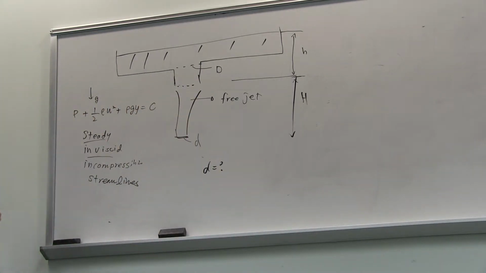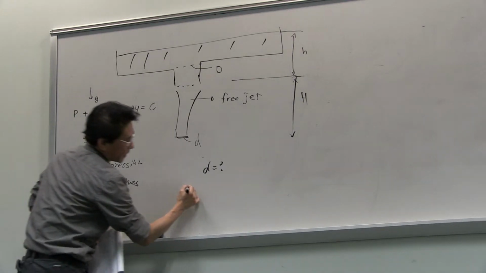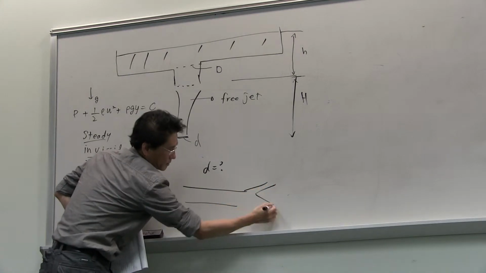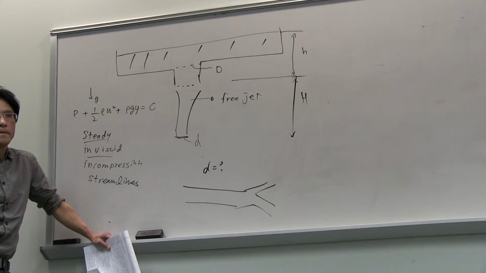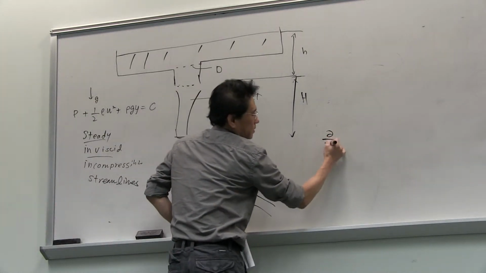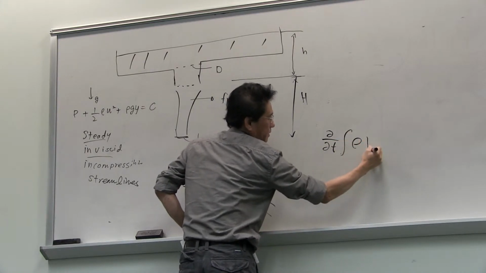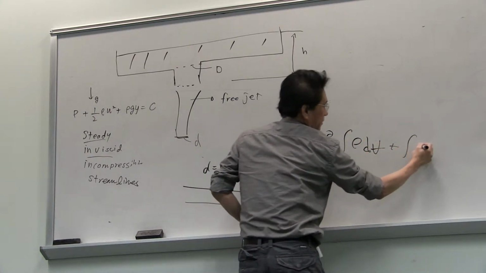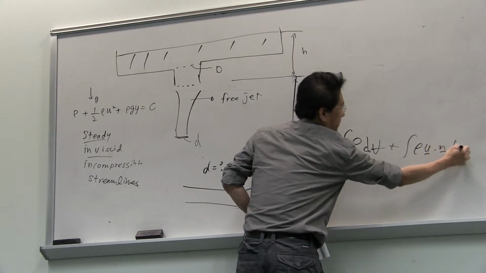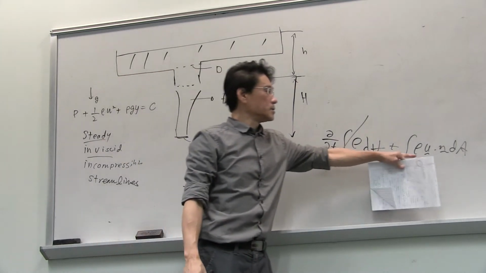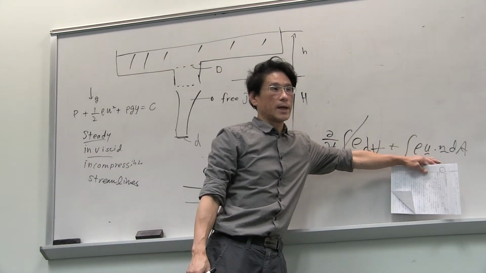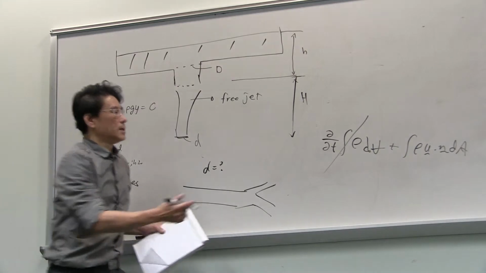One more thing is continuity. I think you probably know this: the continuity equation is the time derivative term plus the integral of rho U dot n dA. Usually we are considering steady flow, so there's no time term here, and we are left with rho U dot n dA.